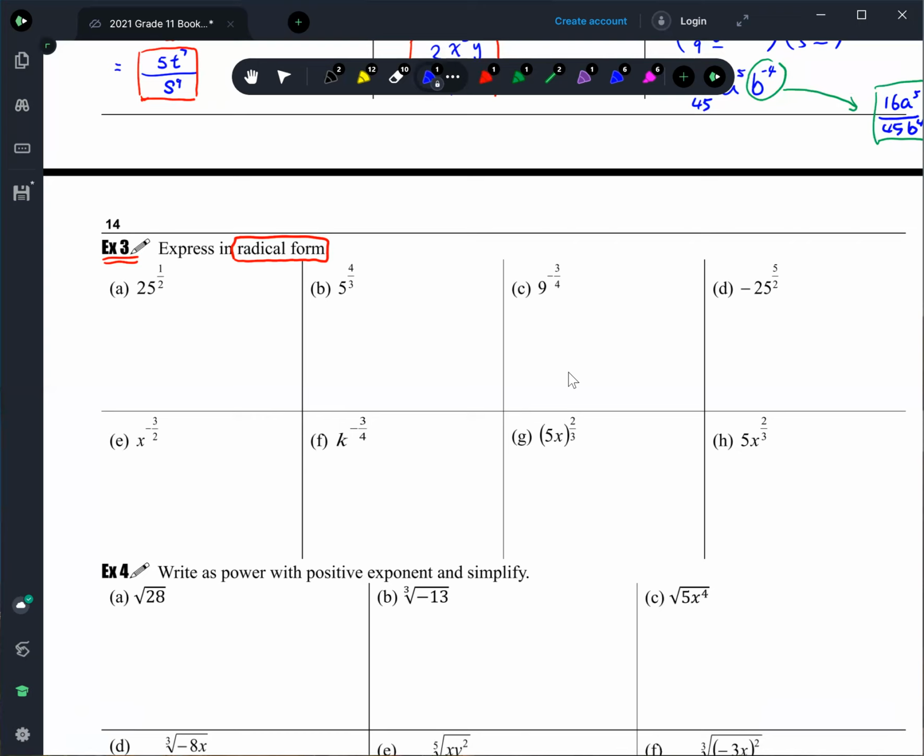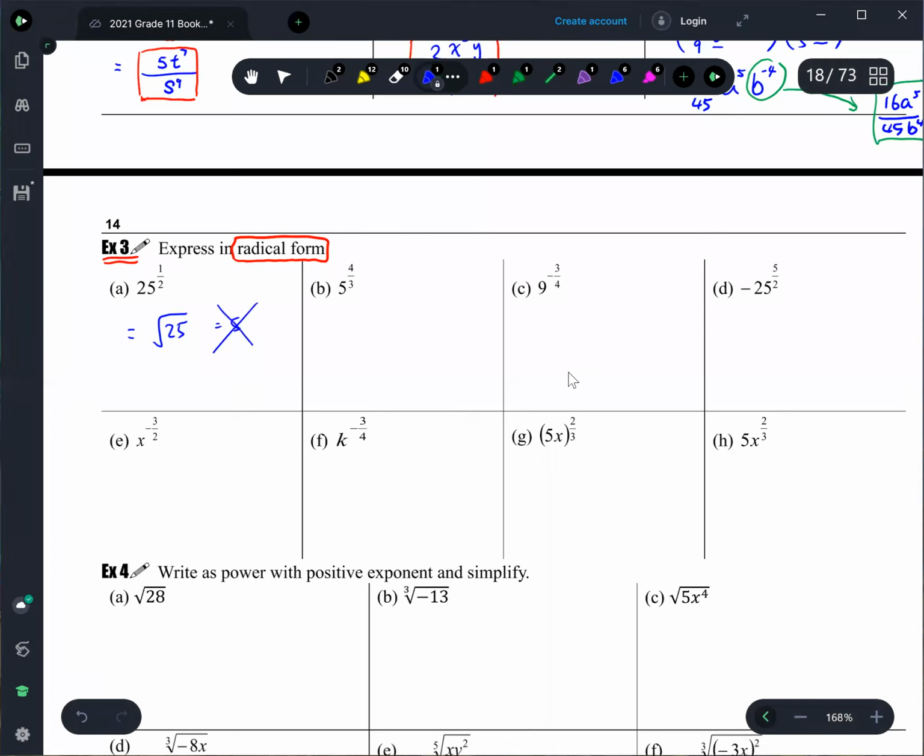Okay, I'll give you an example, like 25 to the half. You just write it as square root 25 and then you stop there, okay? Do not write it equal to 5, okay? We don't want that. That's called evaluate, okay? This is evaluate. This is called radical form, okay? So leave it in radical form.